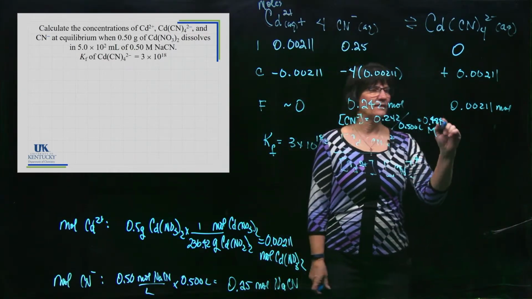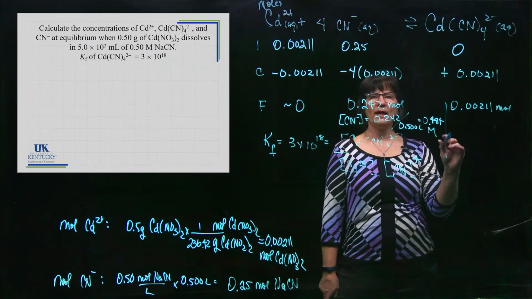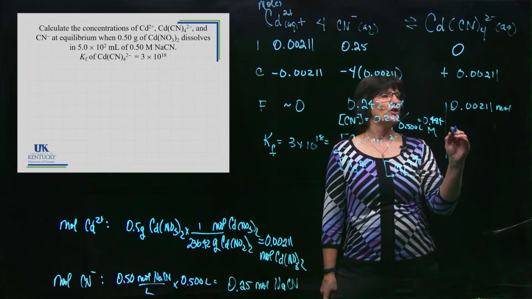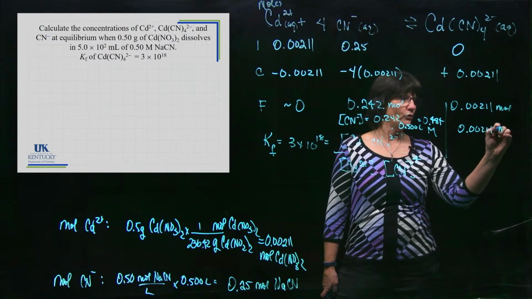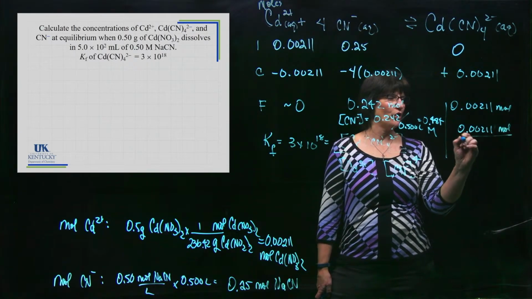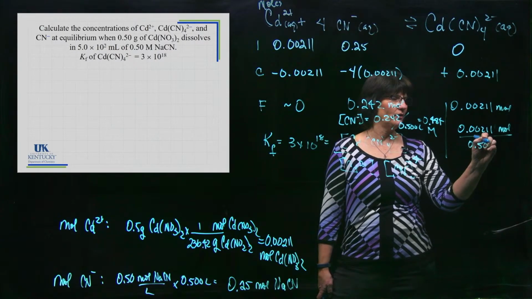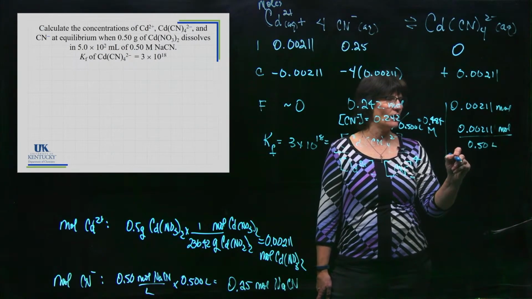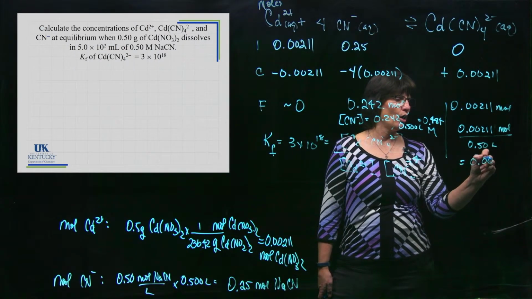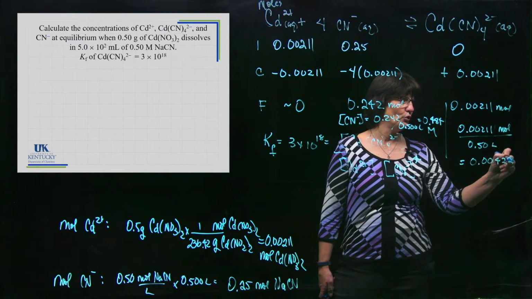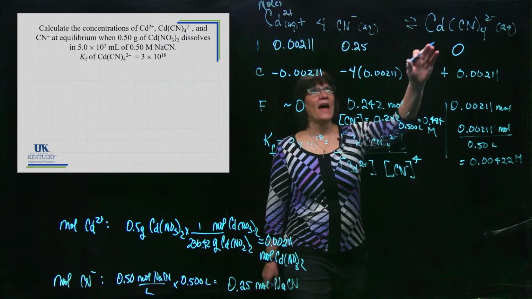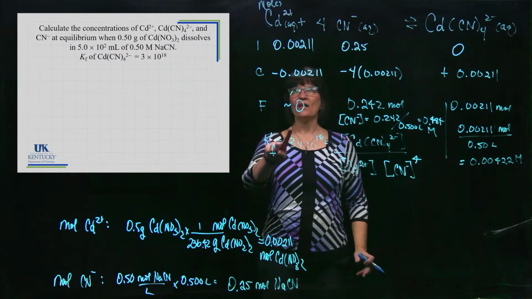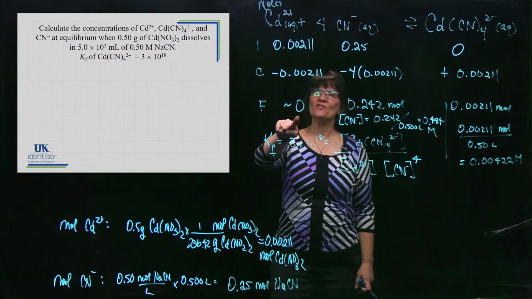How about the complex ion? Okay, to get the complex ion, the concentration of it is going to be this 0.00211 moles divided by its volume of 0.5 liters. Okay, and that is going to give me 0.00422. So now I know the concentration of that. I've got 2 of them, and the concentration of the cadmium is not really 0.